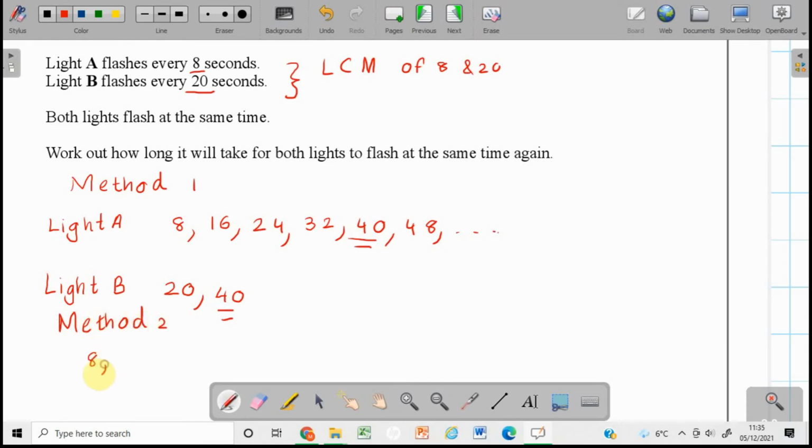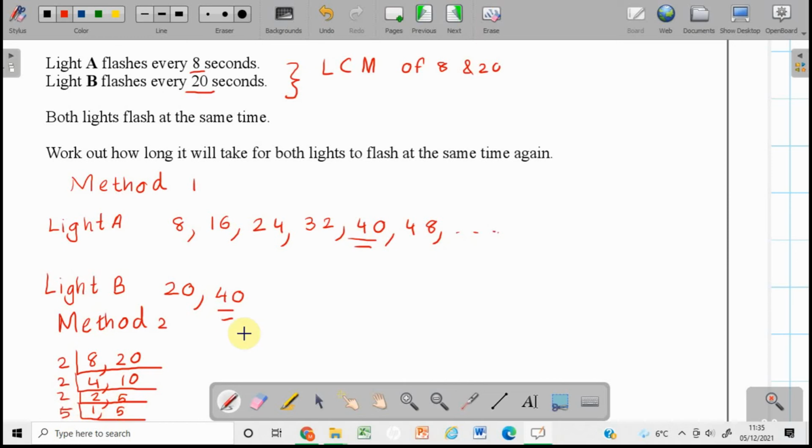So 8 and 20, you just use prime factors. I've got 2 over here, so that'll divide that to 4 and 10, and again 2, and that'll become 2 and 5, and then 2 again, and that'll become 1 and 5, and then 5.